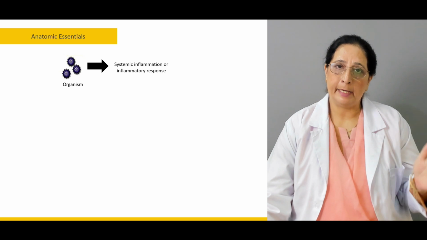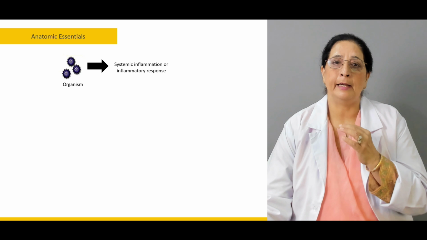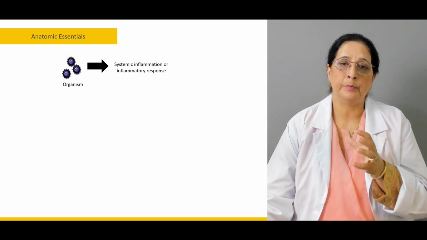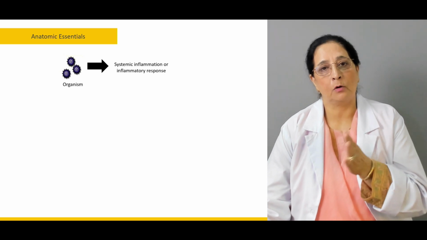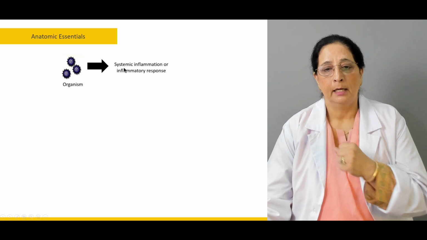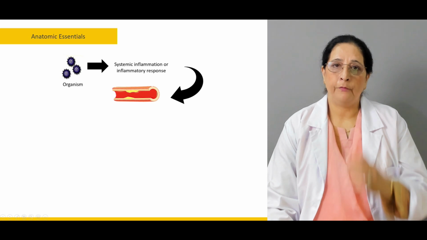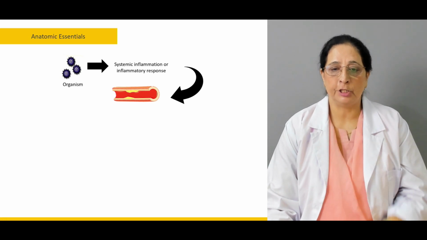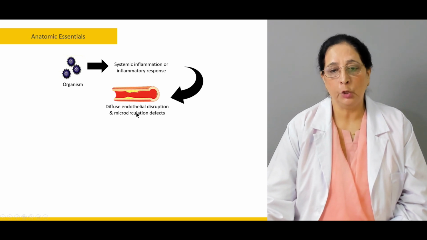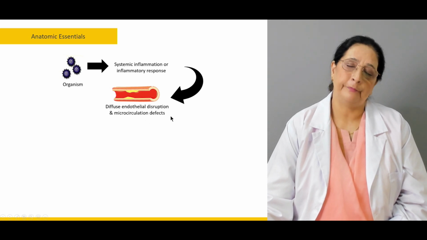As I mentioned, if the prevention of the attack by the microbes is not strong enough, it can cause systemic sepsis or systemic inflammation. Now, from that systemic inflammation, what happens? This causes diffuse endothelial disruption and microcirculation defects.